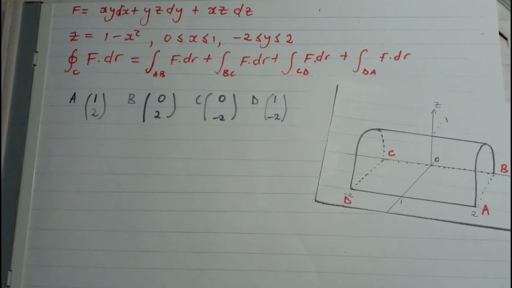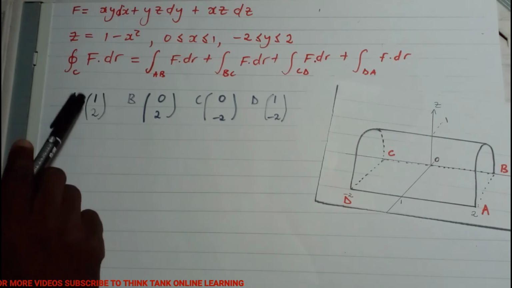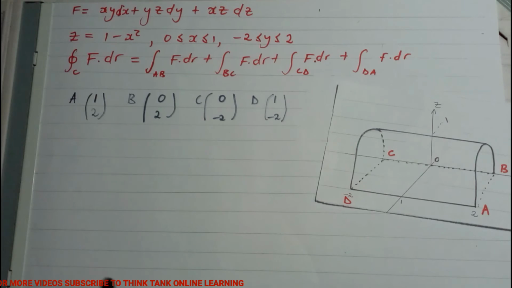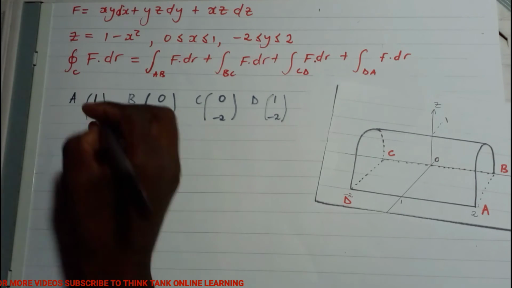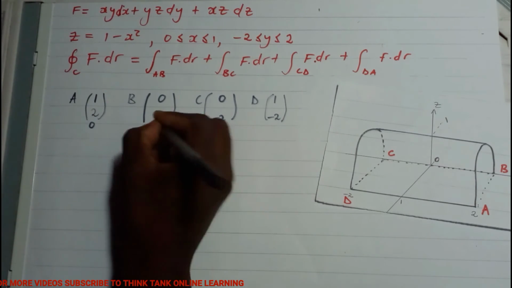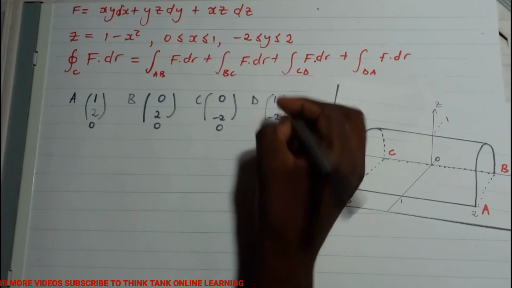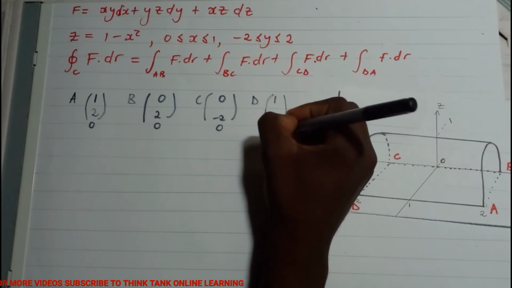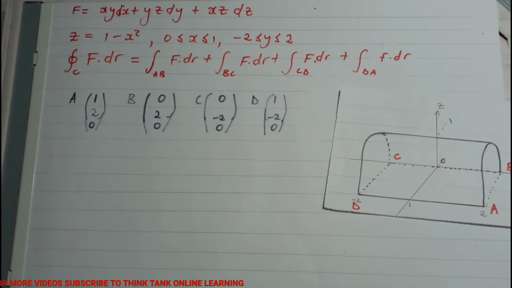So for AB, if you look at AB, what is changing? Since this is in space, I should have written 0, 0, 0, 0 for the third coordinate.